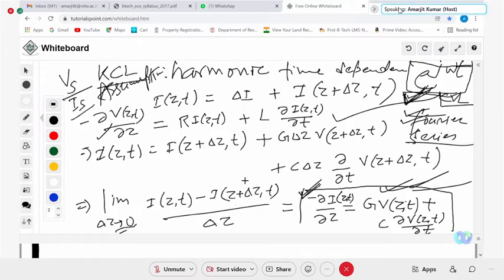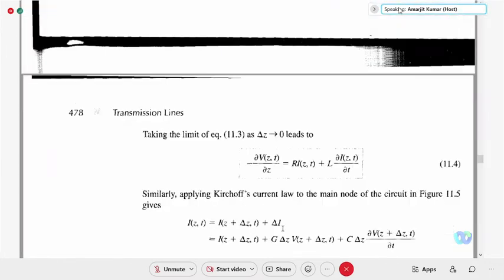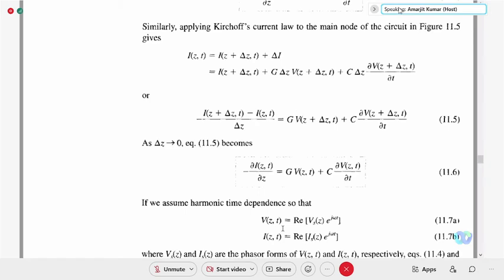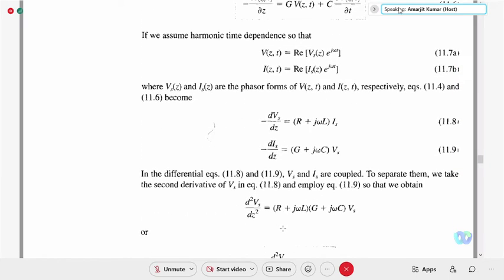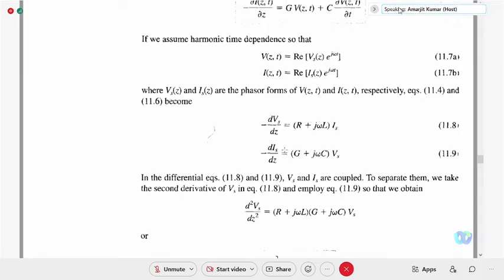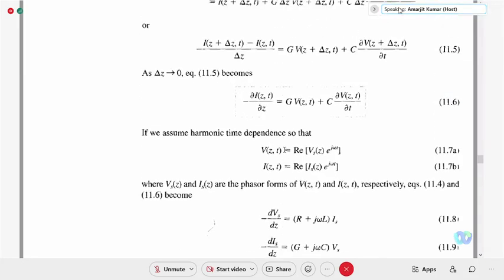So it will be jωL into Is. All these things we have done: phasor dependence, harmonic time dependence. So this will be an ordinary differential equation.